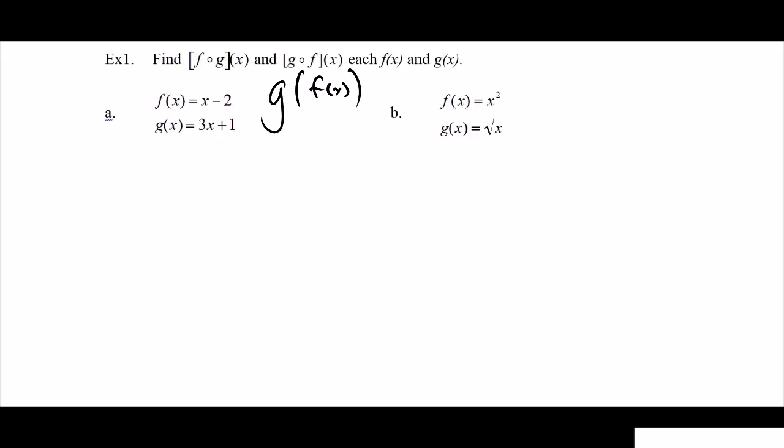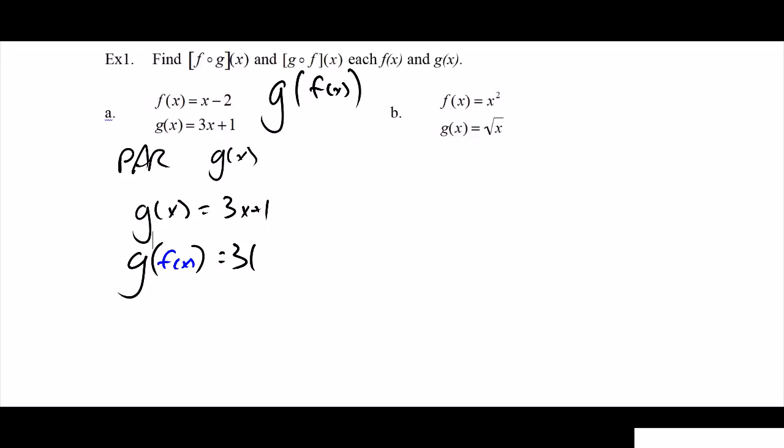So same thing. What is our parent function? Our parent function is going to be our g of x. So we're taking our g of x, and we're replacing all our x's with our f of x. So 3 times our f of x plus 1.